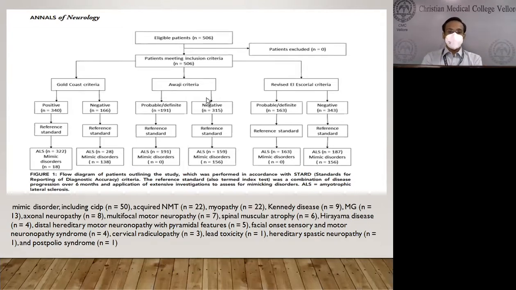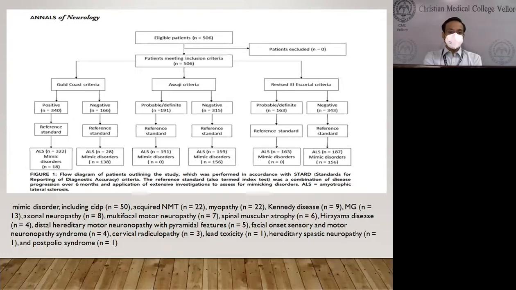So the old criteria had very good specificity, that is, mimic disorders were not recruited, while with the newer criteria we were able to classify ALS earlier, but it is important that the mimics are excluded. These were in that cohort of 506 patients. These were the mimics that were initially included as ALS, and subsequently after 6 months were revised to mimic disorders.